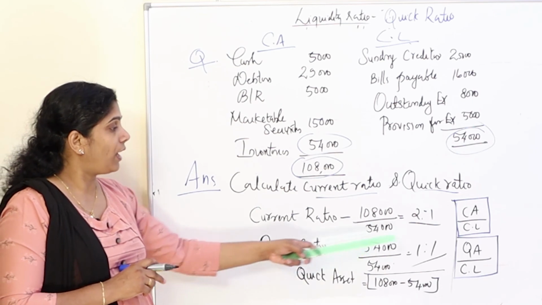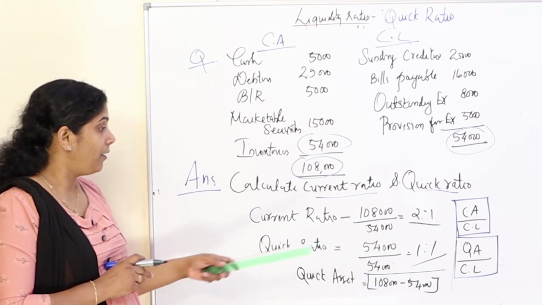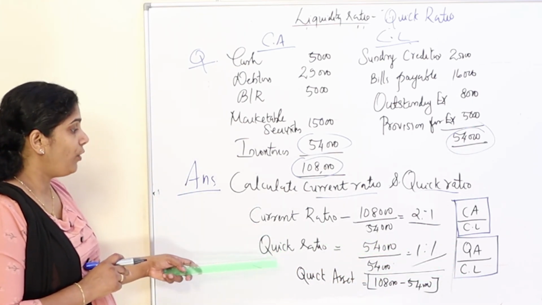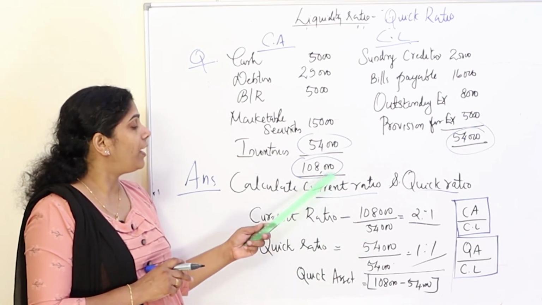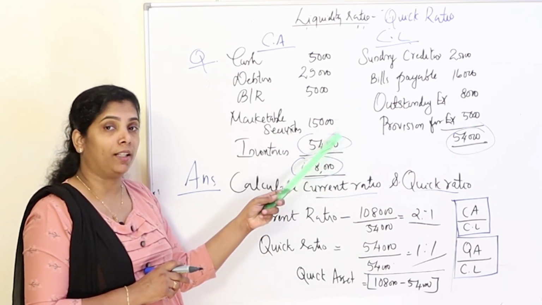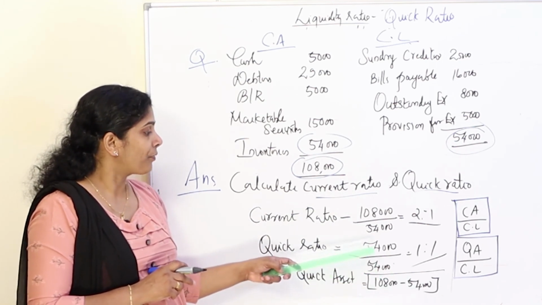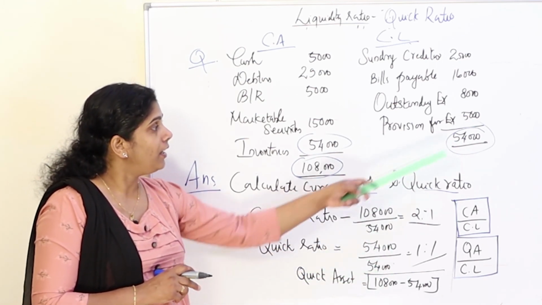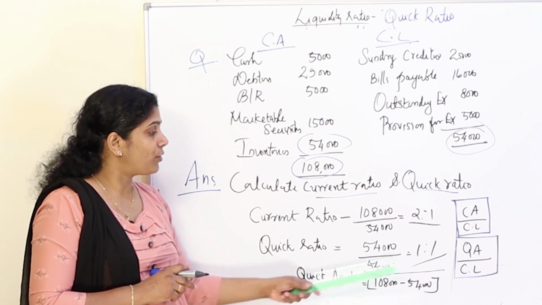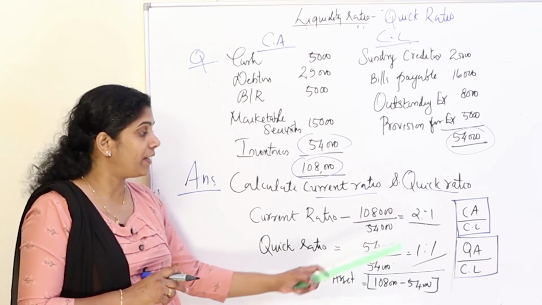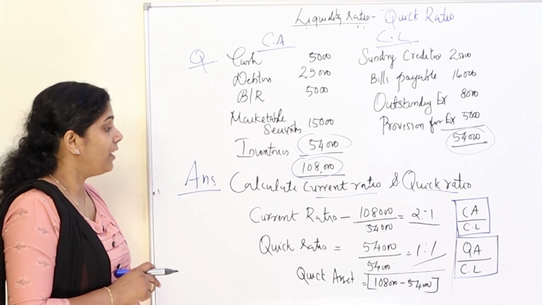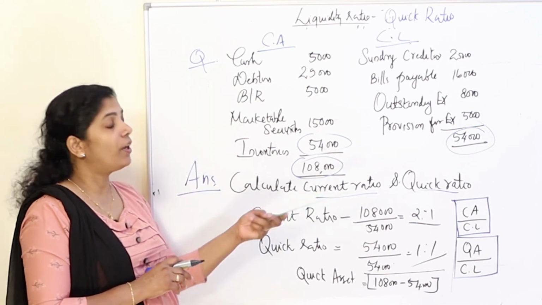Then 54,000 divided by total current liability 54,000 gives ratio 1:1. So this is current ratio and quick ratio.